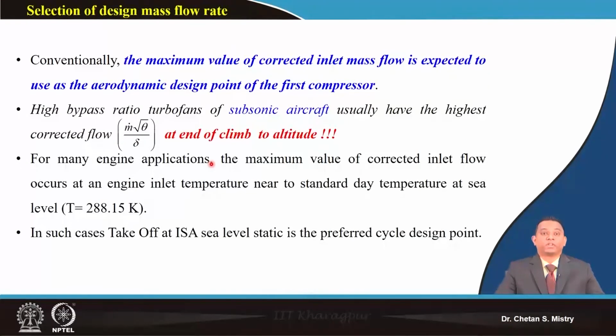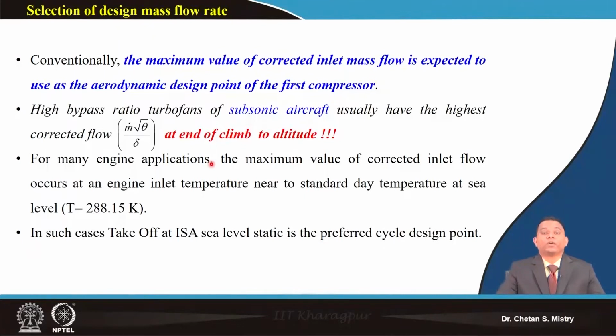Now, the very first parameter, as we have discussed, is the mass flow rate, because that is what will decide the performance of the whole engine and how my performance will be with my axial flow compressor. Conventionally, the maximum mass flow rate condition is what is expected to be used for the design of the first stage of the compressor.